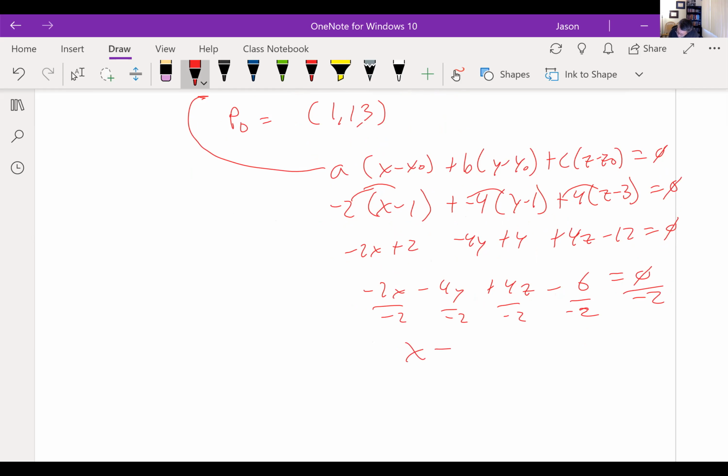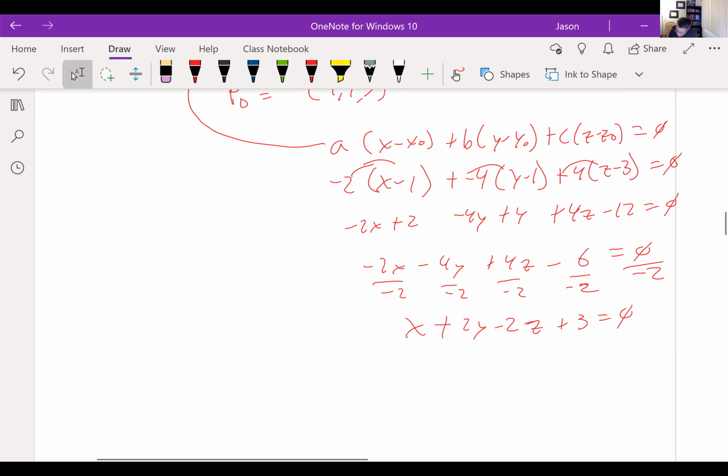And now we get x plus 2y minus 2z, plus 3 is equal to 0. You keep the 3 on this side, or you could toss it to the other side. It really doesn't matter. x plus 2y minus 2z is equal to negative 3. Okay.